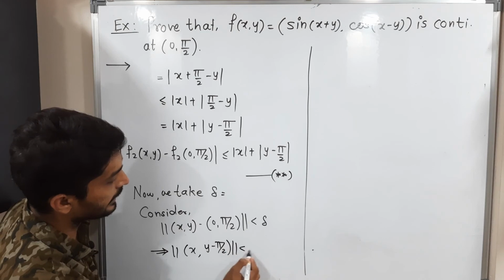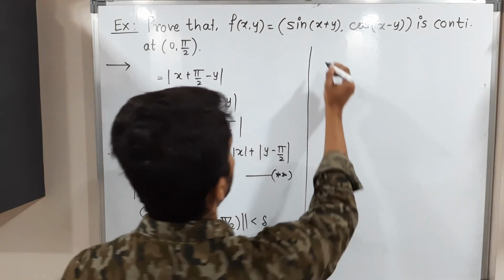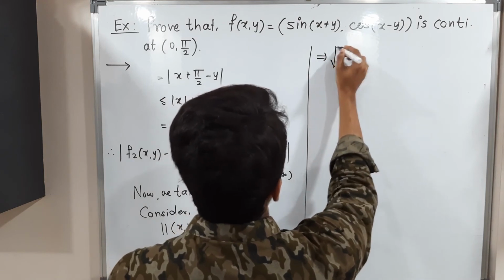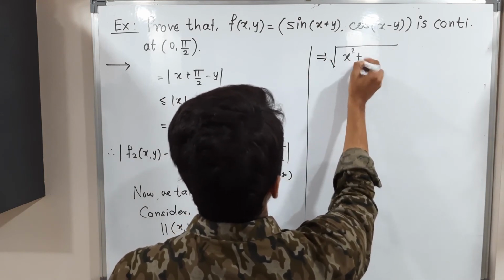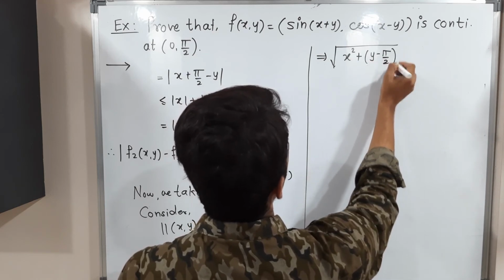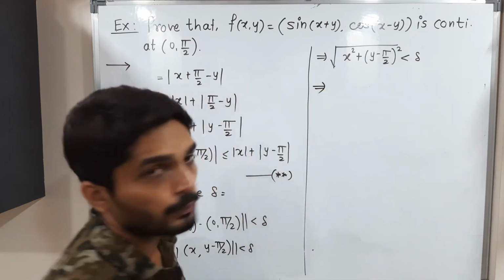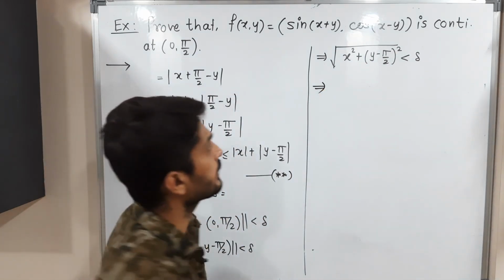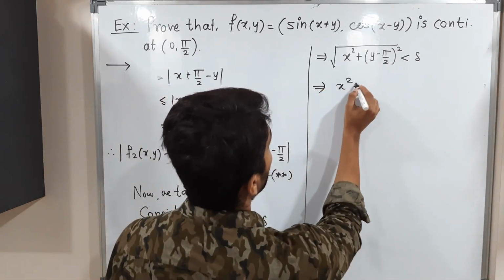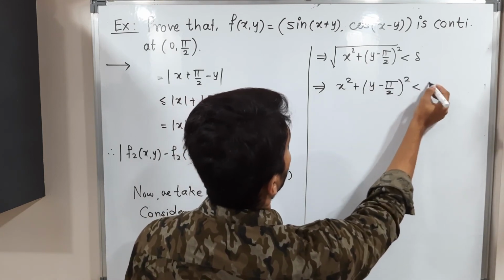And this is less than delta. You know the definition of norm, so this is square root of x square plus y minus pi by 2 square, less than delta. To remove the square root we have to take square of both sides, so this is x square plus y minus pi by 2 square less than delta square.